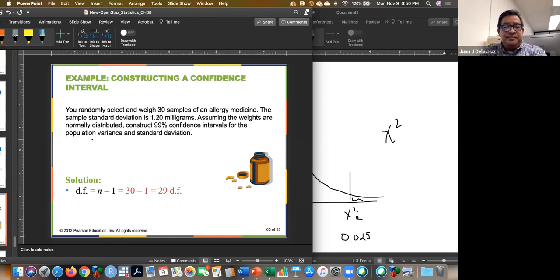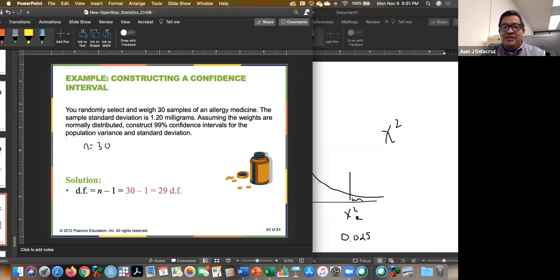In this case, we have a sample of 30 people. We are testing this medicine, so you select and weigh 30 samples.